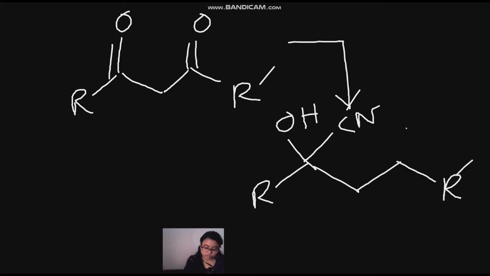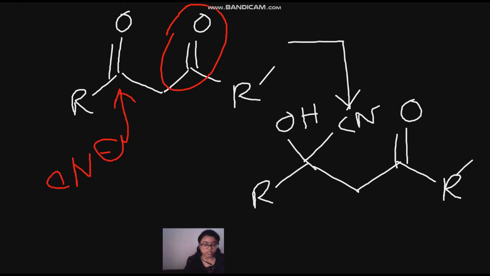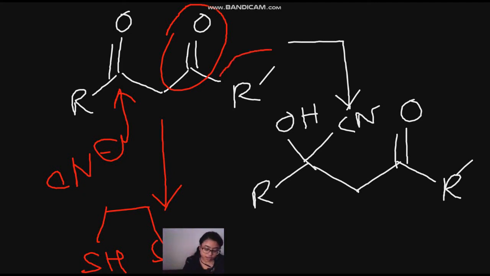So what we have to do is protect this ketone, then add CN minus to the other ketone. Now the question is, when we add this dithiol, why will it protect only this ketone? This can protect only this one when R prime is lesser in electron donating than the R group.